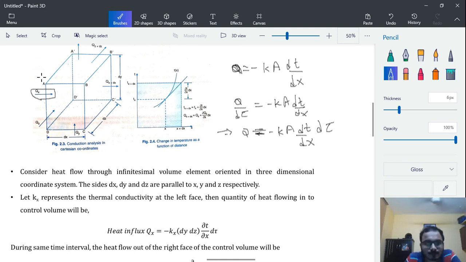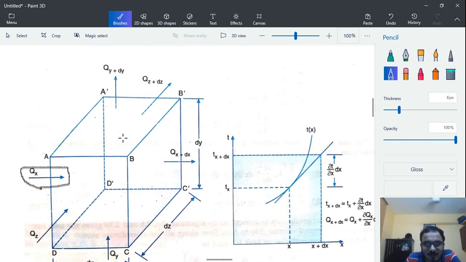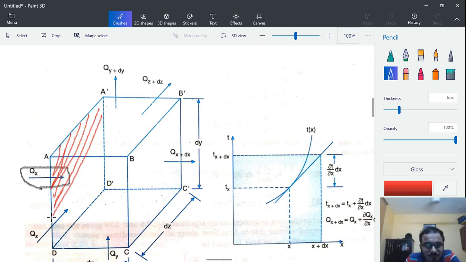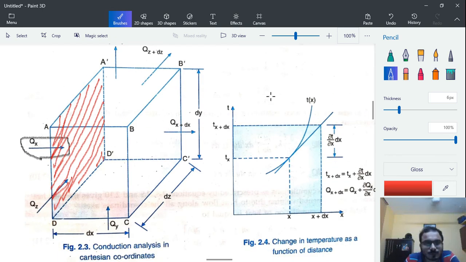If you focus on this figure, we are looking for the value of this area. If we need to calculate this area, then area is the multiplication of two sides.